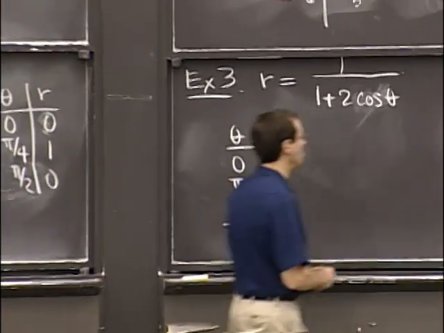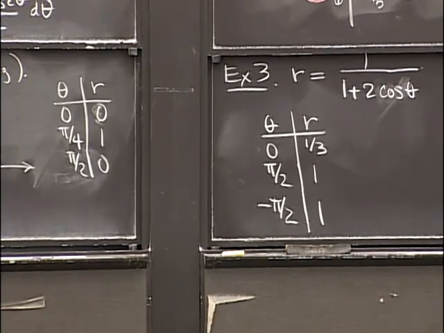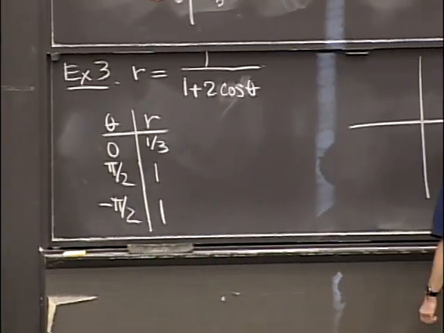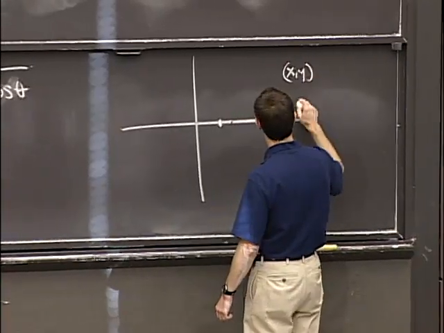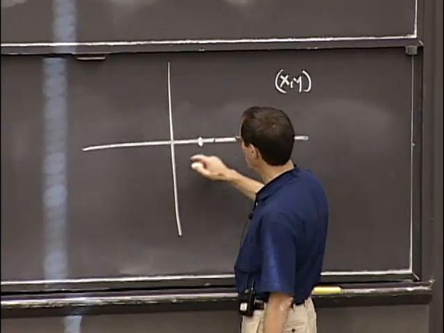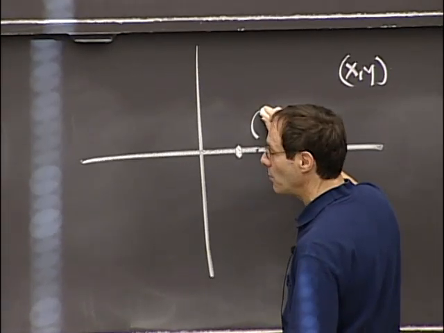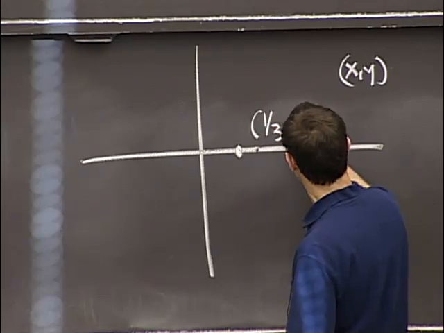So now I'd like to just plot those points anyway and see what's going on with this expression here. The first one is a rectangular. I'm going to write the rectangular coordinates here, not the polar coordinates. The rectangular coordinates here is, it's a third out at the horizontal, so it's 1/3, 0.